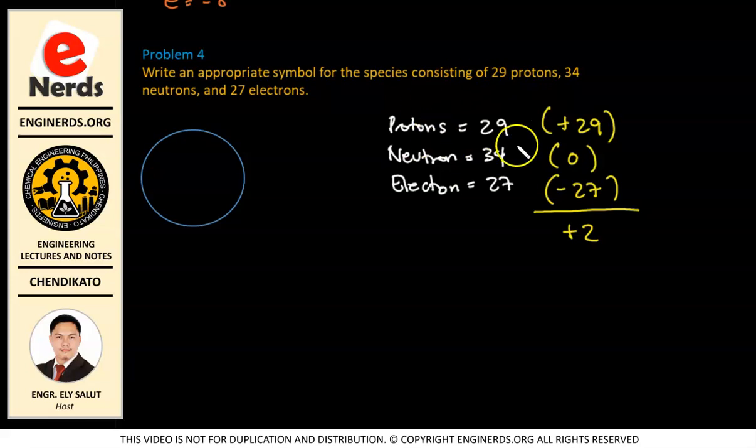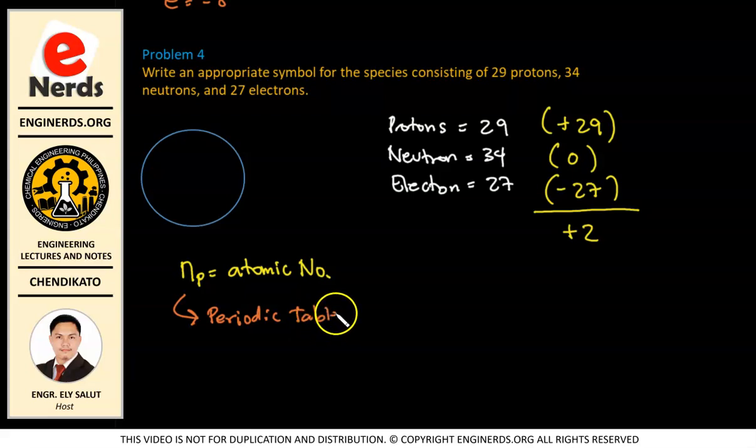We have here an element which has a number of protons of 29. How are you going to know what is the symbol of the element? The number of protons is equal to the atomic number, right? So what you're going to do is check the periodic table and locate the atomic number, which is 29.